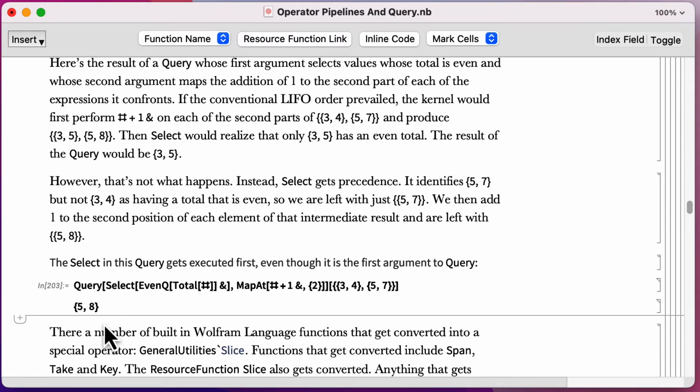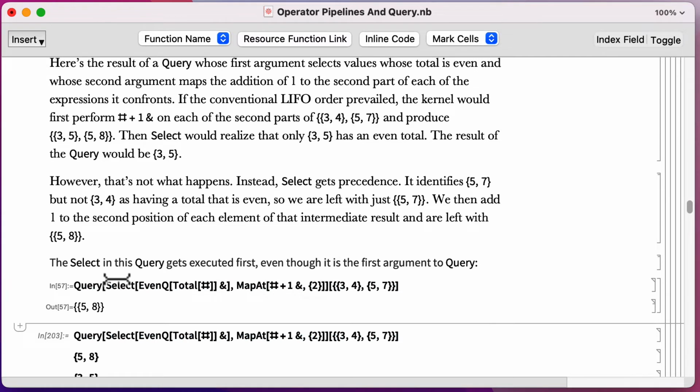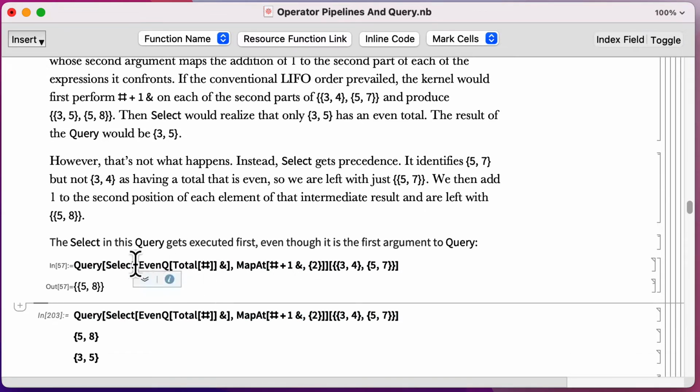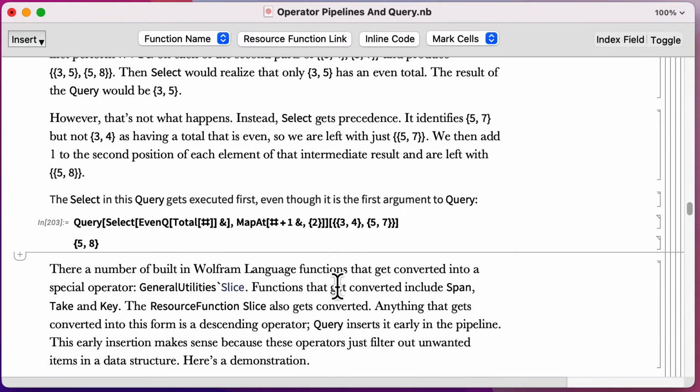And so that's our other candidate solution. So let's see which one wins. Let's run it. And 5, 8 wins. So it's doing it with the select executed first. And you can see how order of operations makes a difference.